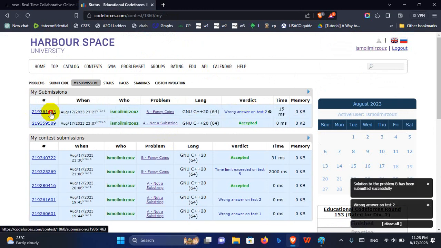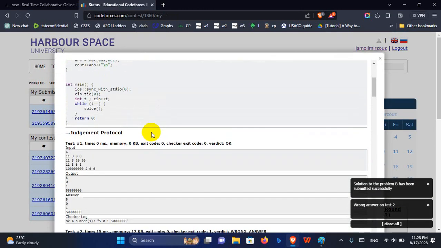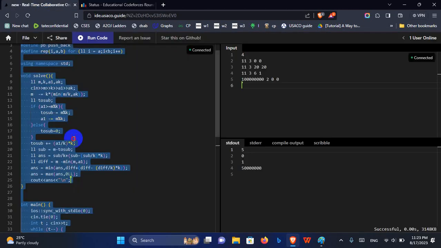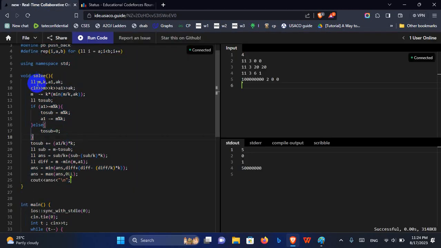So it's wrong answer on test 2. What did we forget here? Let me check. So m minus k times minimum of m over k and ak, and a minus m a1.